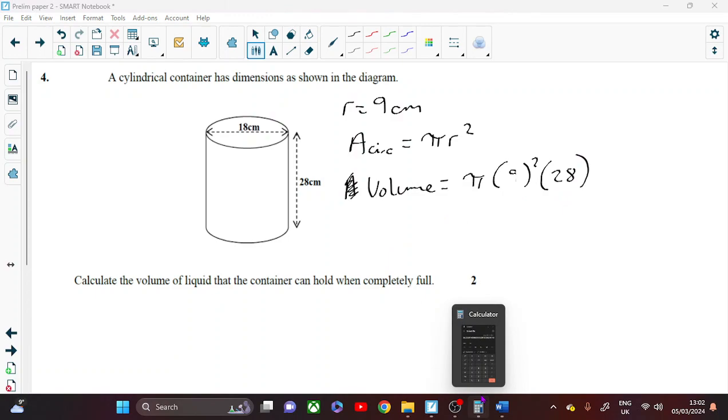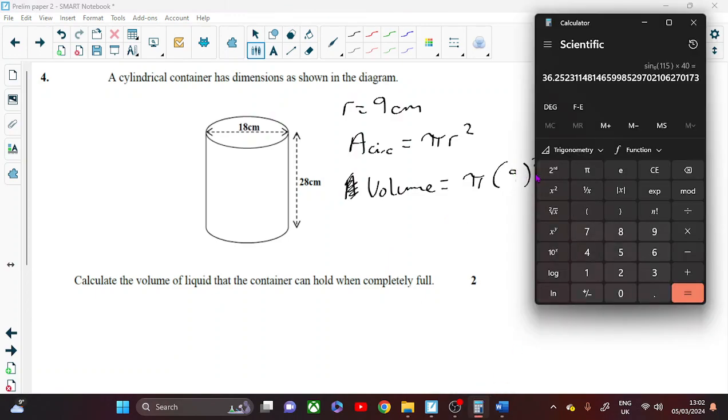Okay, let's get our calculator back out. We have got pi, oh, clear that off, pi times 9 squared times 28.